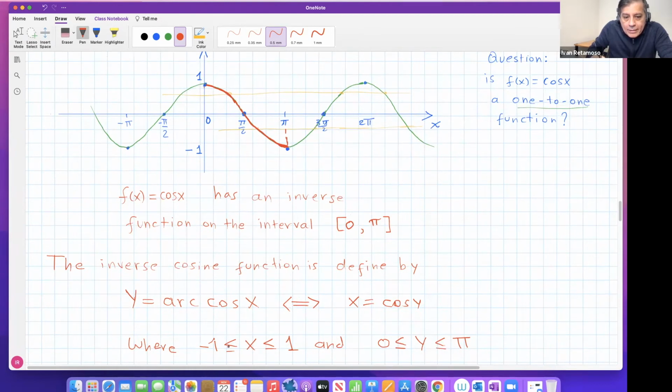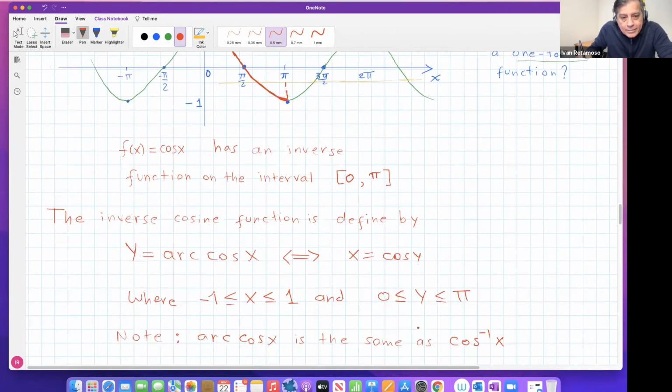Very important, where x has to be between -1 and 1, and y, the angle, has to be between 0 and pi. Okay, try to remember that, guys, because this is where you have to look for the angles whose cosine is going to be some given number, between 0 and pi. You're talking about first quadrant and second quadrant now, right? Be aware of that.